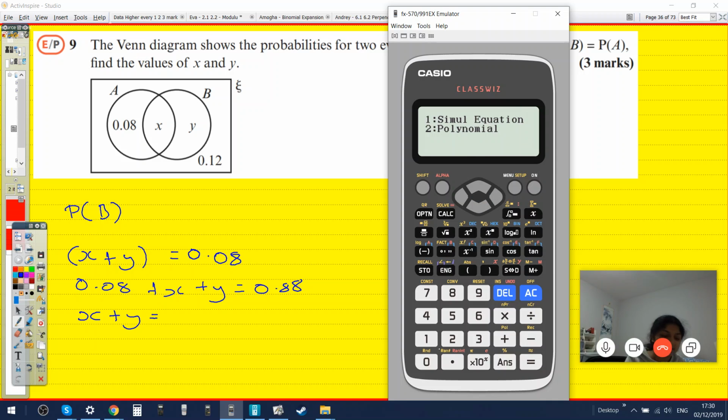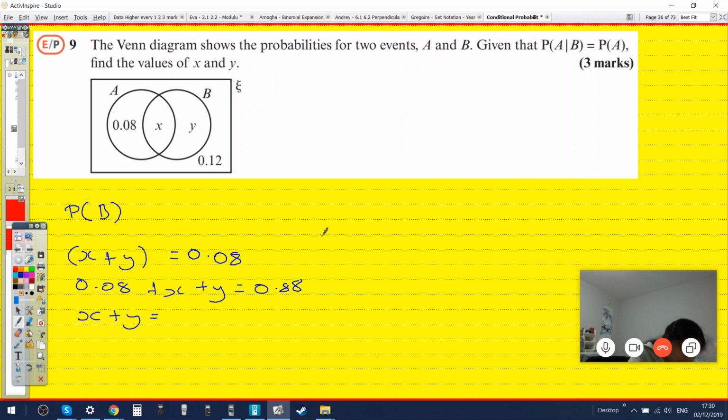So then you can do X over, wait, no, you can do 0.8 minus Y over 0.8.